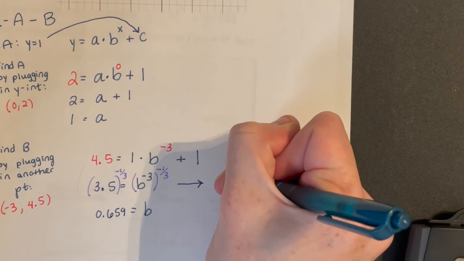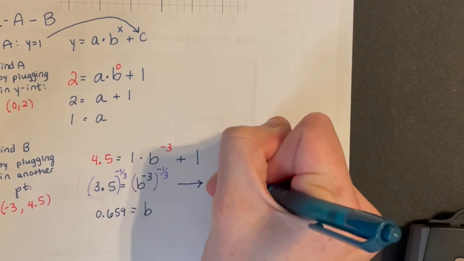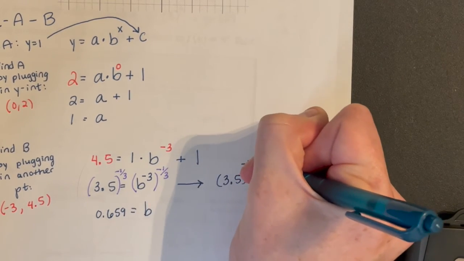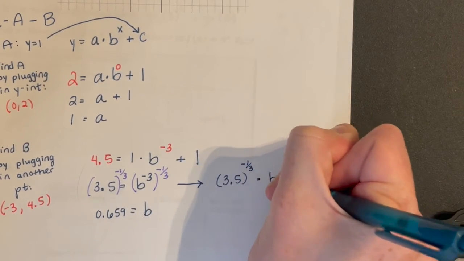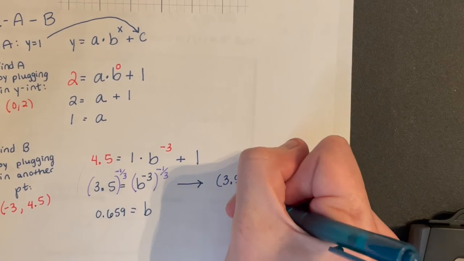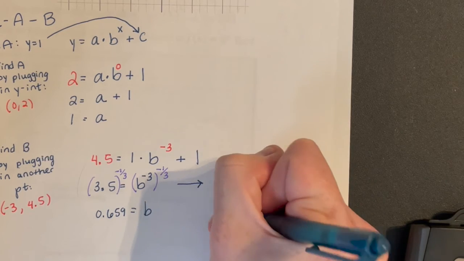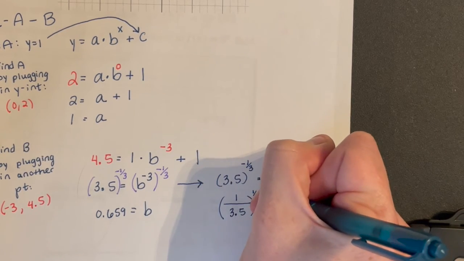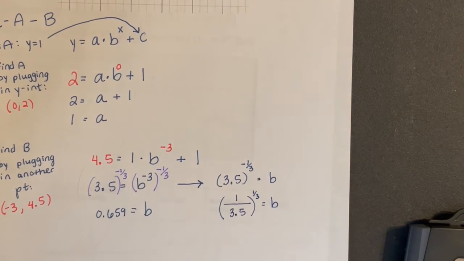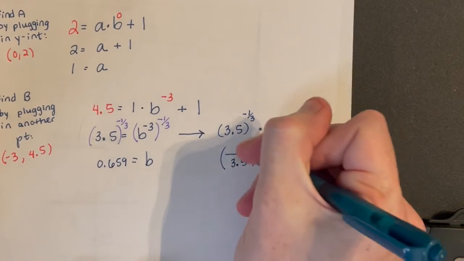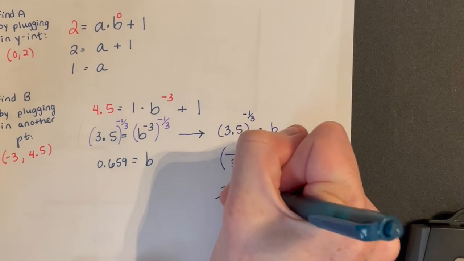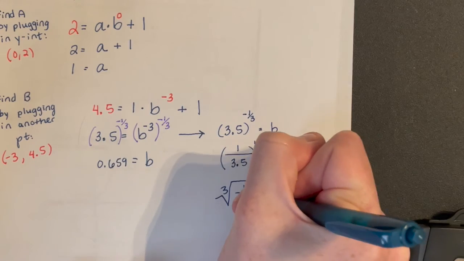It's saying 3.5 to the negative 1/3. A negative exponent flips the fraction, so that becomes to the positive 1/3, and that's a cube root now, so it's the cube root of 1 over 3.5.